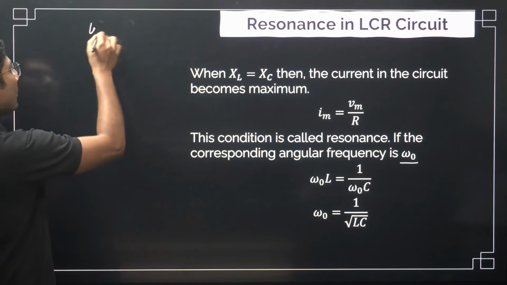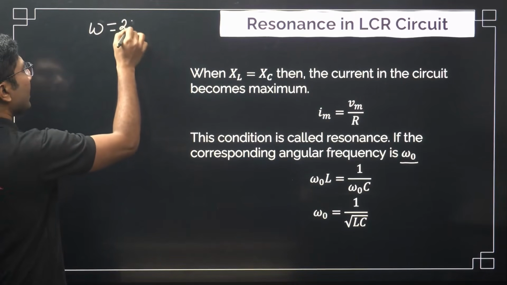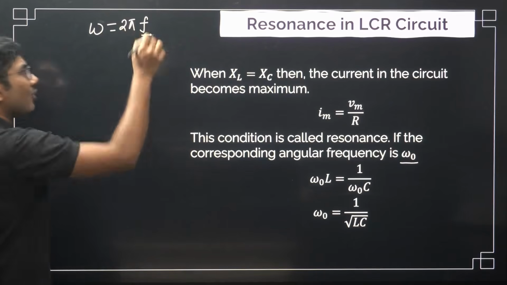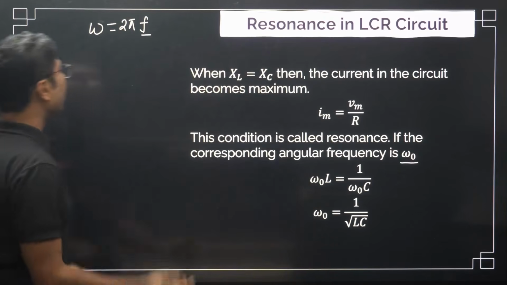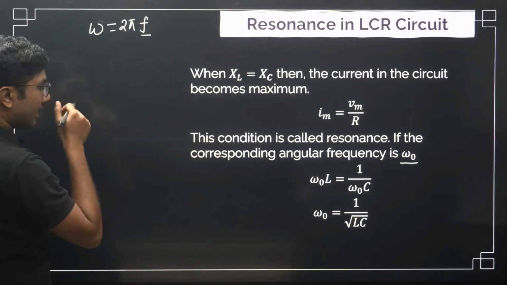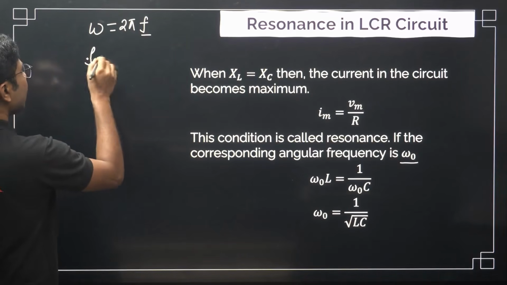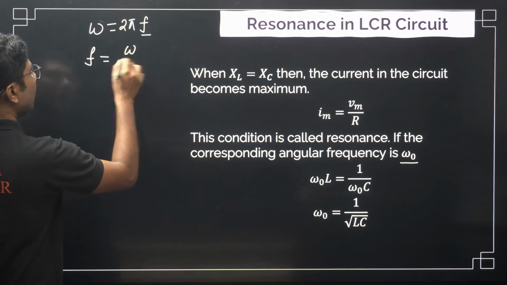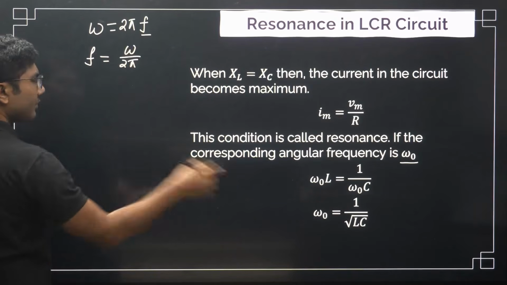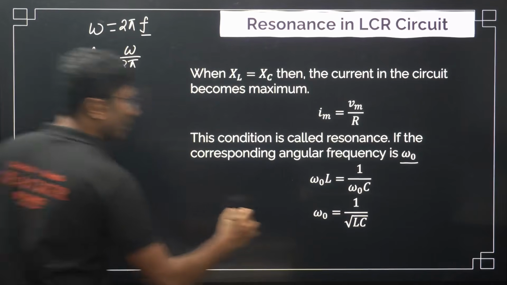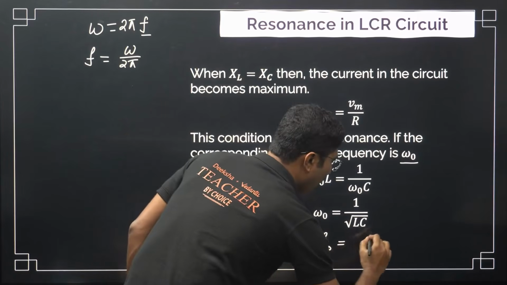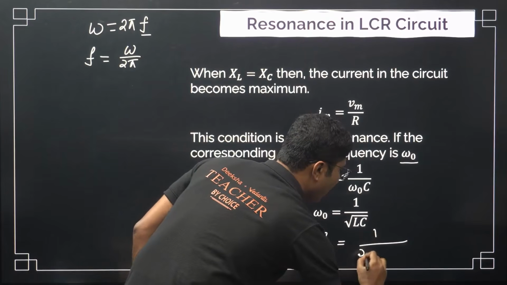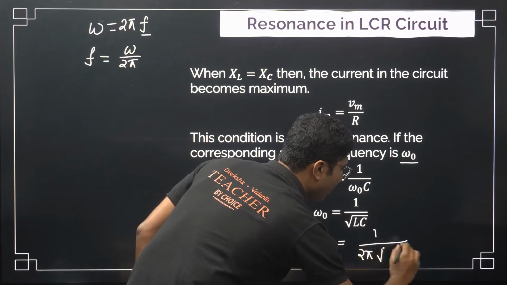You have to remember omega is equal to 2 pi f, where f is the normal frequency and omega is the angular frequency. So frequency is omega by 2 pi. From here, f naught is 1 by 2 pi square root of LC.